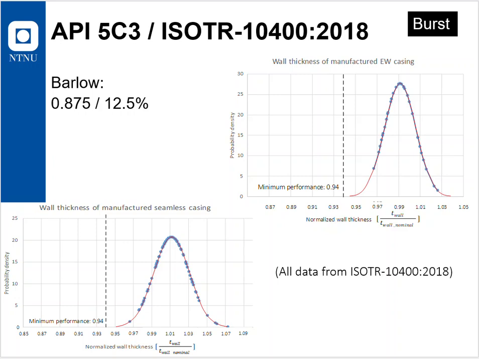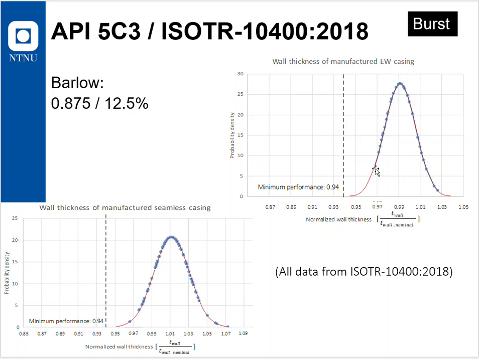Now, this is an exercise I did once upon a time, and I even asked ISO in Norway to be able to talk about this, and they said yes. So that's why I'm doing that. If you take the data that is available to you inside this standard, you'll see that the absolute minimum of the minimum identified from more than 11,000 different pipe measurements is 94% of the wall thickness measured in 2007.